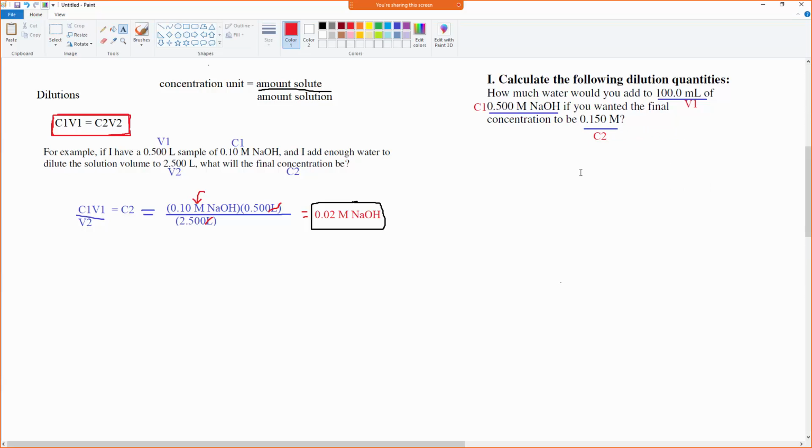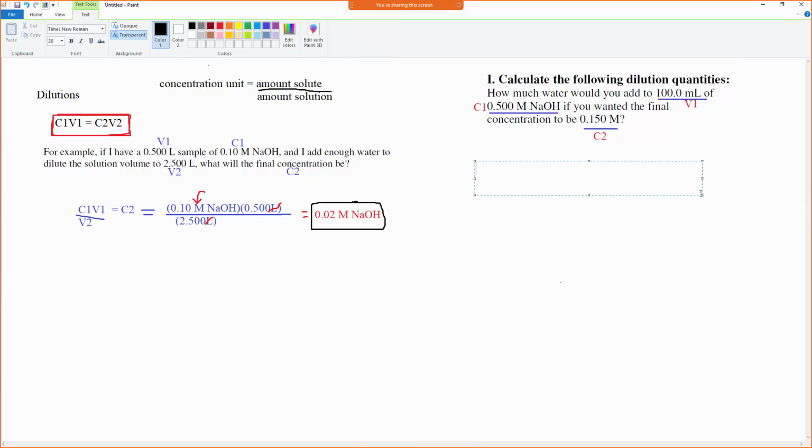So we're going to solve for V2. If I want to solve this equation for V2, I'm going to divide both sides by C2, right? And I'm going to get C1 V1 over C2 is equal to V2, which is what I'm looking for.